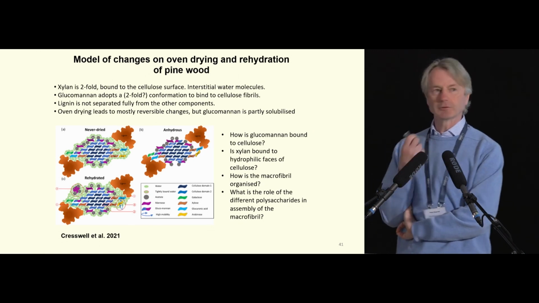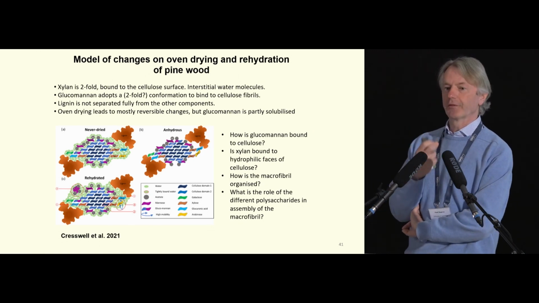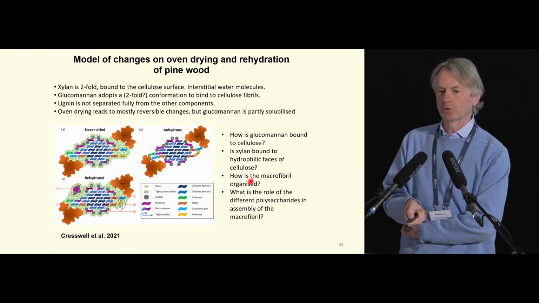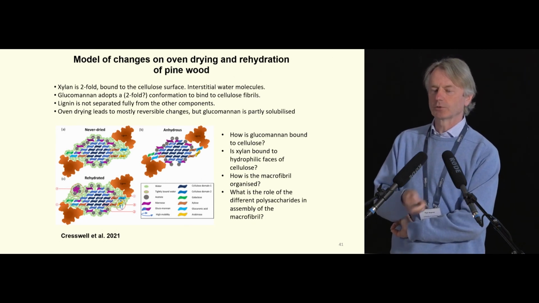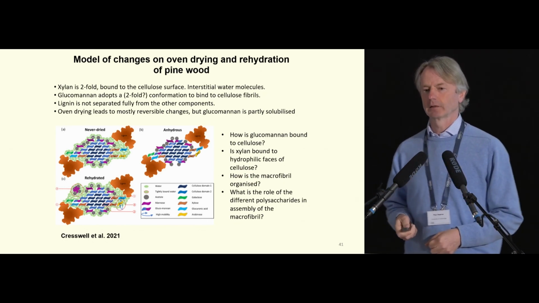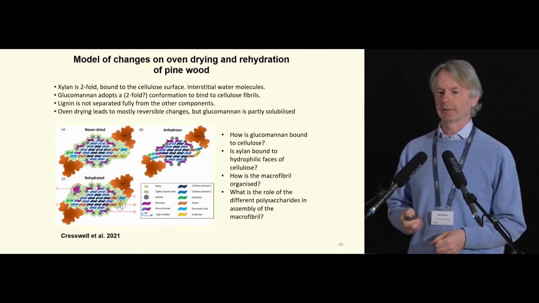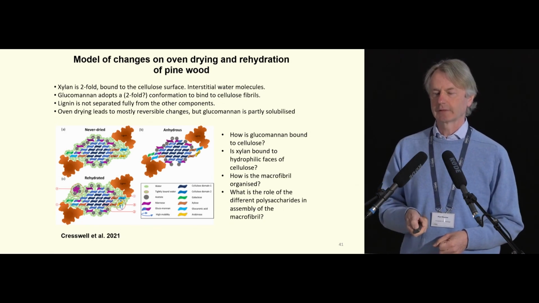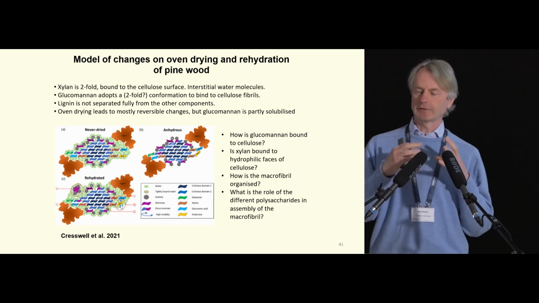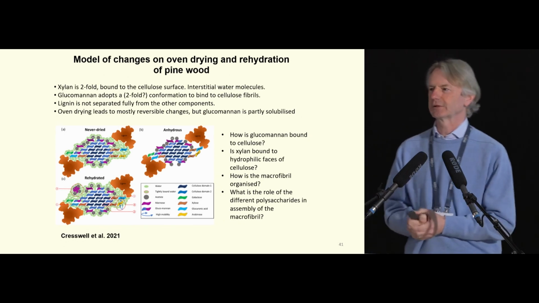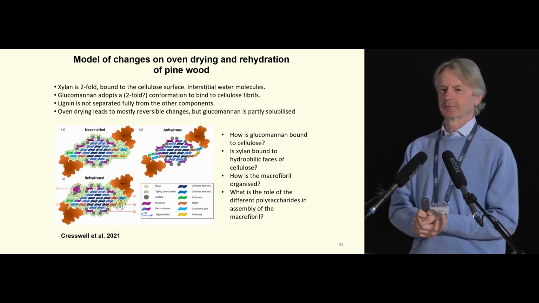Although we know it's bound, we really actually don't know this mode of binding precisely. And we'd also want to know a little bit more about how the macrofibril is organized, how those microfibrils are held together in that larger assembly. And we'd like to understand better how the different polysaccharides lead to that assembly of these relatively uniform macrofibrils in the wood material.